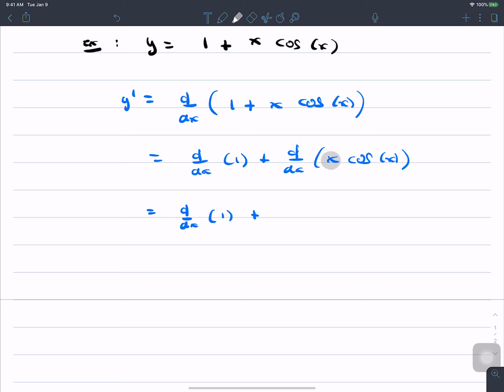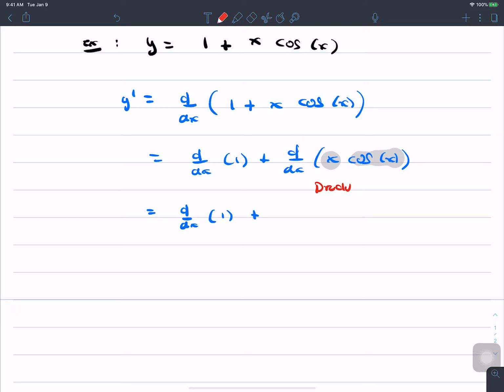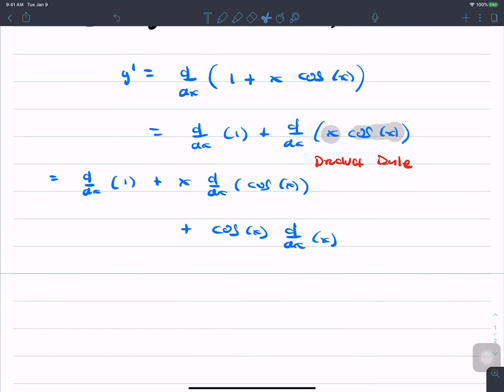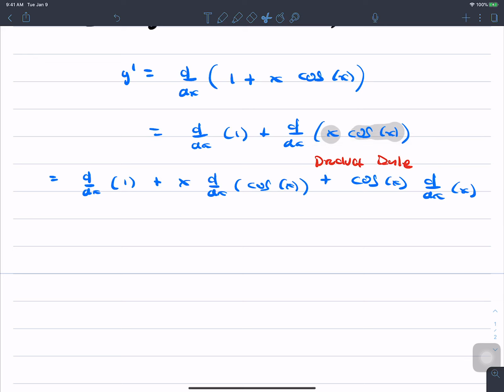Here, we're going to have the product rule. So let's kind of write that down here. So by product rule, we get x times the derivative of cosine, plus cosine times the derivative of x. So maybe let's just move everything over here. Okay.